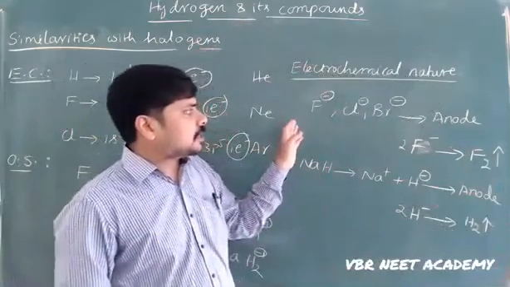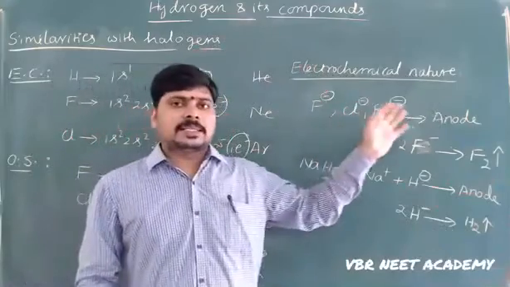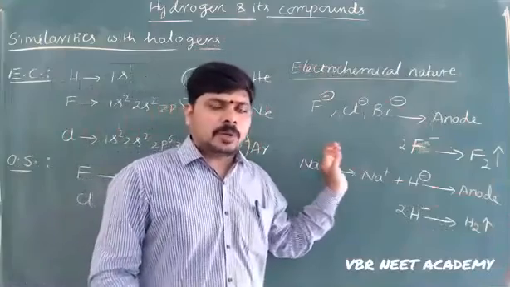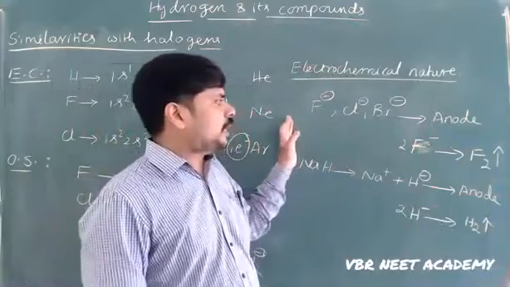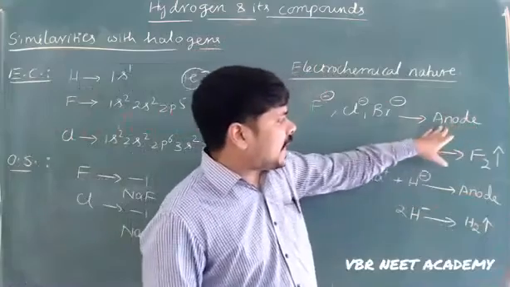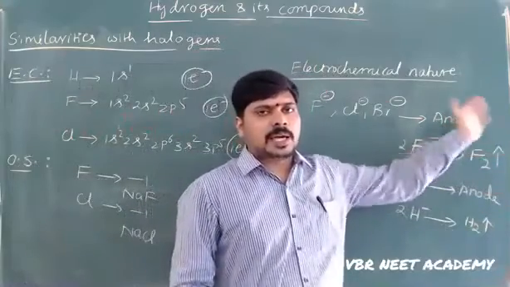In an electrolytic cell, all the halides are uniformly negatively charged, so that uni-negative charge makes them move towards the anode. At the anode, they are liberated as F2 gas, Cl2 gas, Br2 gas.